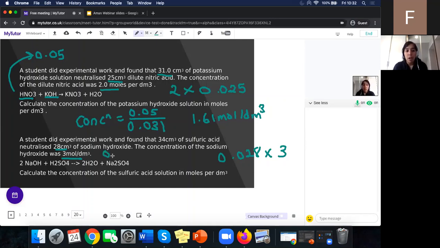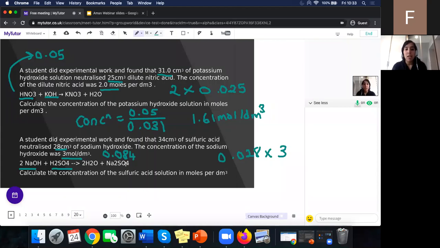Now, if we have a look at our balanced equation, what we can see with regards to the ratio is that 2 sodium hydroxides react with 1 sulfuric acid. So if the number of moles of sodium hydroxide is 0.084, that means the number of moles of sulfuric acid is 0.084 divided by 2. So if we divide that by 2, we get an answer of 0.042. So the number of moles of sulfuric acid is 0.042.